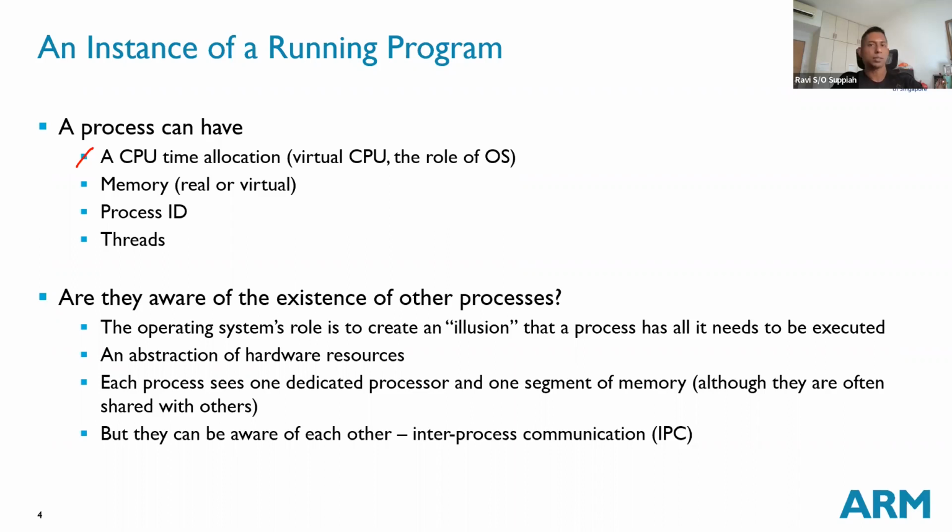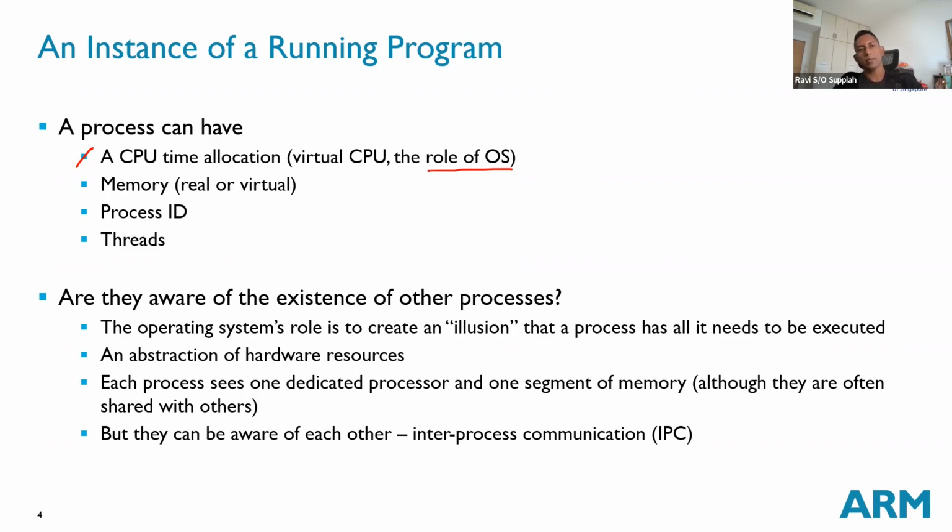So I have multiple processes that are running. Each process must be able to have some CPU time allocated to it in order to perform what it's supposed to do. That is the role of the OS. The role of the OS is to make sure that all the tasks in the system are able to have some proper CPU time allocated.